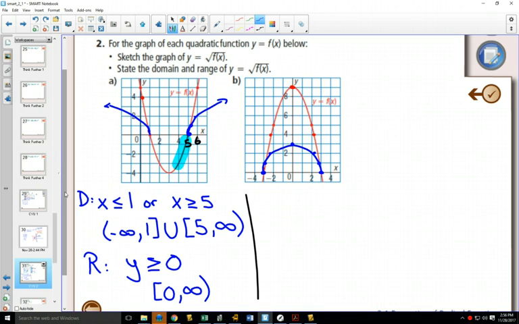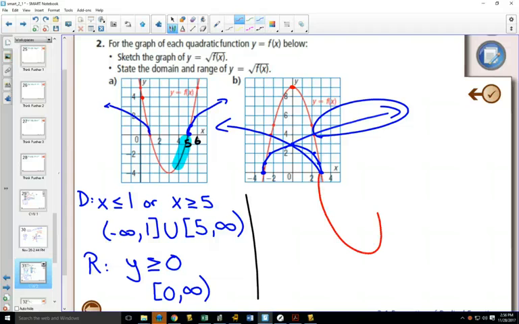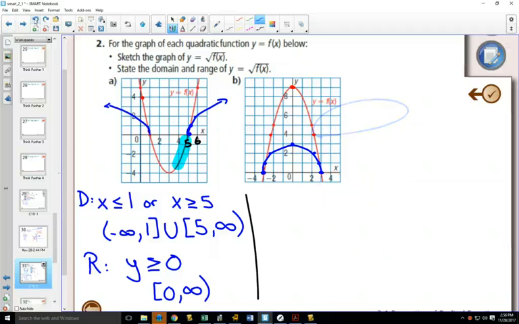What do you mean, why can't it cross? Like this one go this way forever and this one go this way? Like this? Well, again, this part of my graph connects to this part of my red graph. And that part of my red graph is negative, so it can't exist.